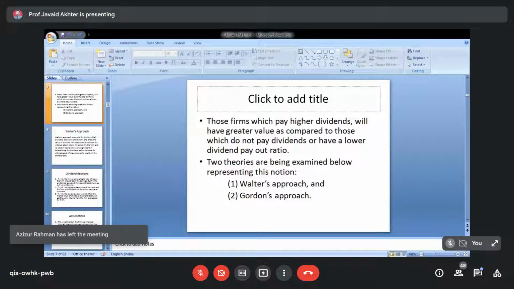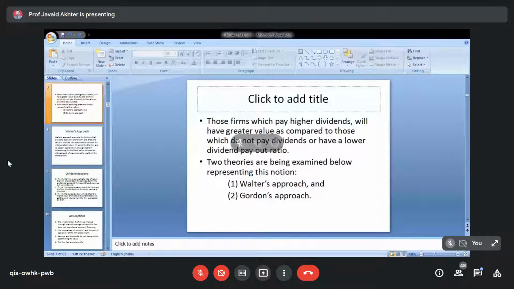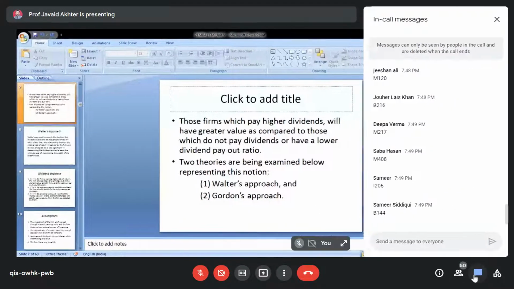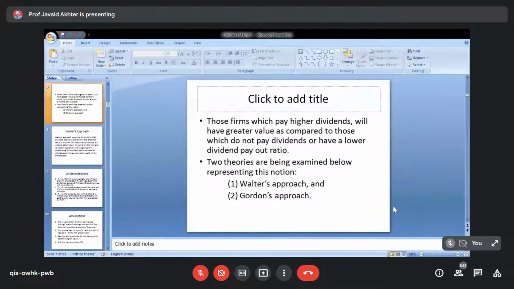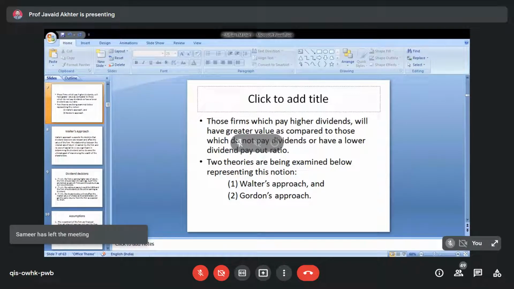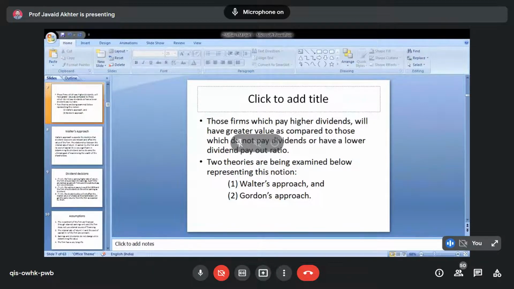Now let us take one step more. Suppose it pays, it has less reserves or less retained earnings. What will be its consequences? There is no particular amount for reinvestment. It will have no funds for reinvestment. And what will be further consequences?